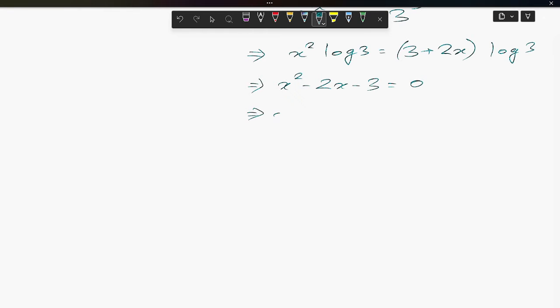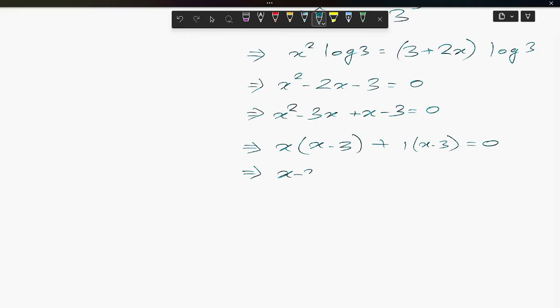So we get x square minus 3x plus x minus 3 equals 0. Now x is common from the first two terms, so we get x minus 3 into x plus 1 equals 0. So from this, x equals 3 and x equals minus 1.